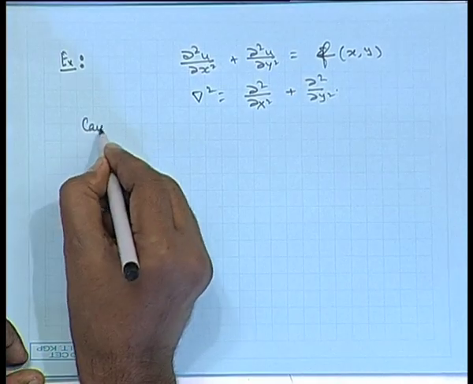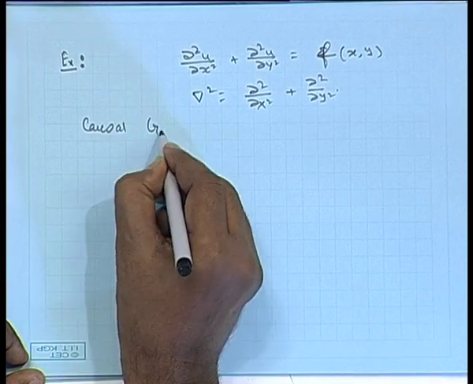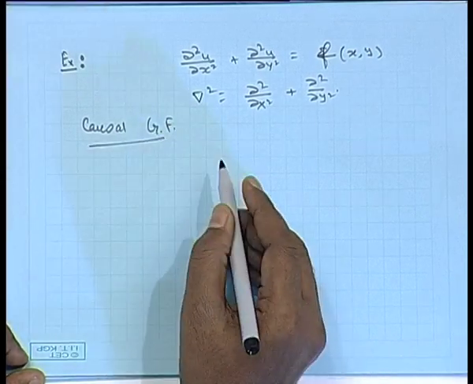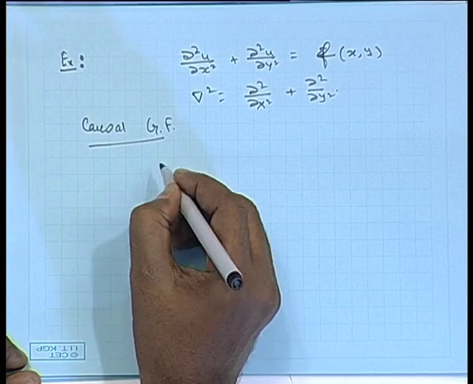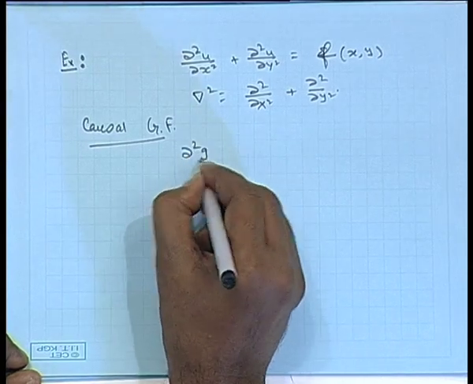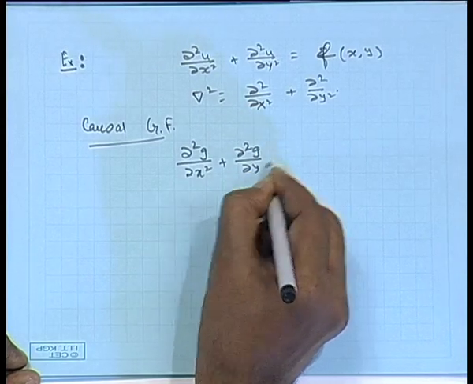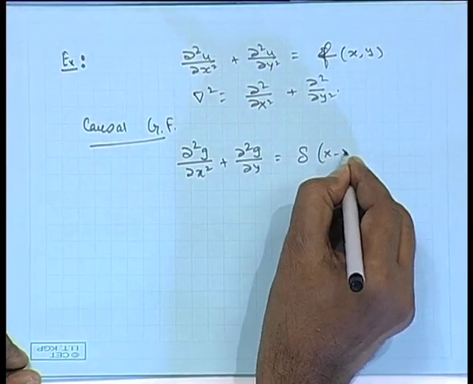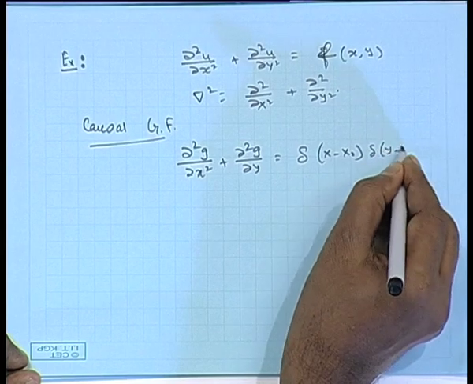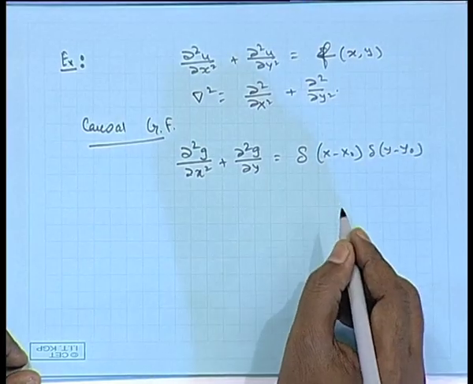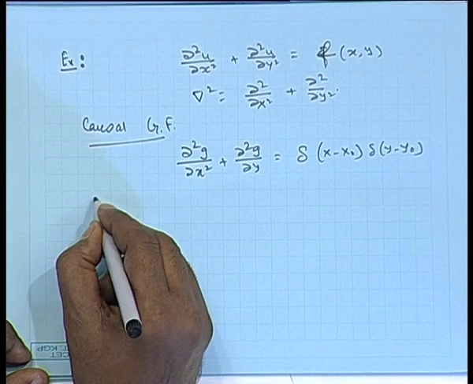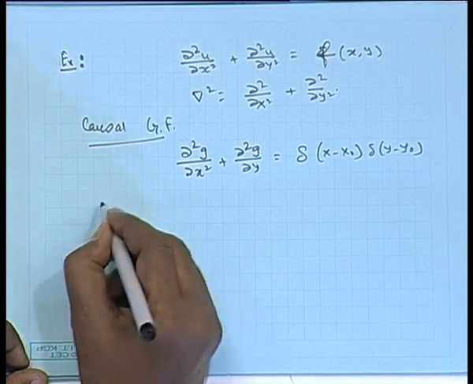So, we formulate the causal Green's function as the first step for the solution scheme. That will be nothing but del square G del x square plus del square G del y square is equal to delta x minus x naught delta y minus y naught. Okay. Now, what is the corresponding equivalent eigenvalue problem?